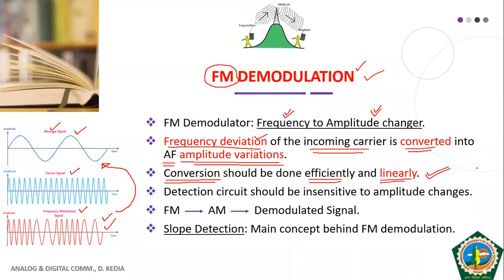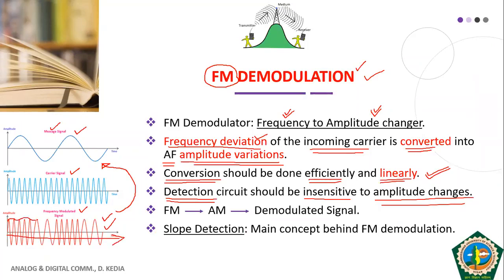That is point number one that we have to take care of. Second point that we have to take care of is that our FM detection circuit or FM demodulation circuit, it should be insensitive to the amplitude changes. So if you remember, our information content is present in the frequency changes only.